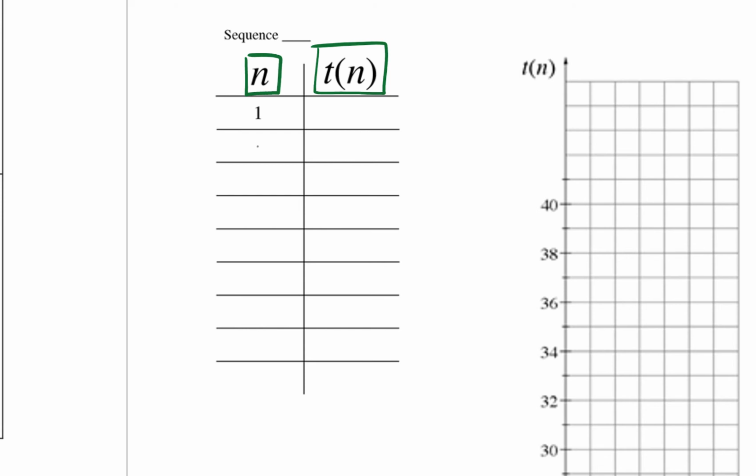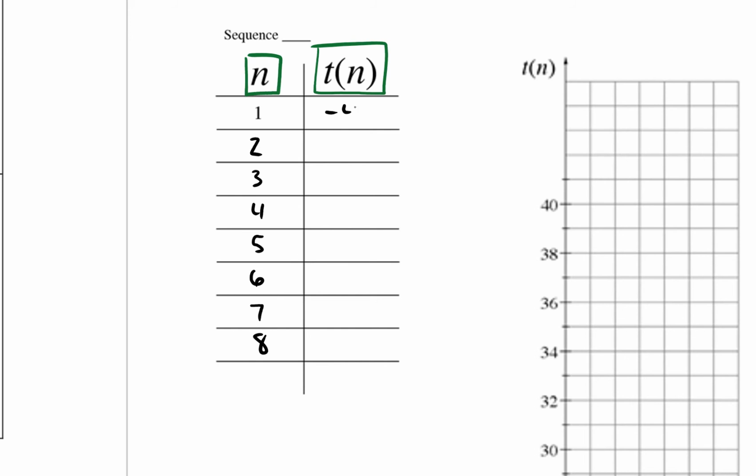It's going to be the first term, the second term, the third, the fourth, the fifth, the sixth, the seventh, and the eighth. These are ordinal numbers, and we're just writing down what our term numbers are. And what I can do now is go ahead and write down the value of the sequence at each spot. This is just copying from the list.